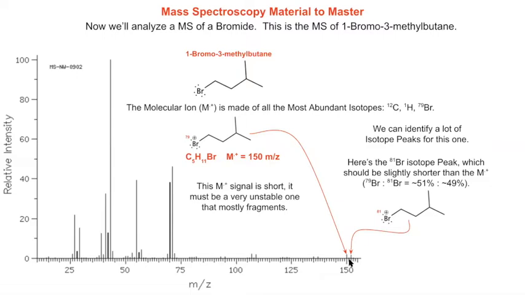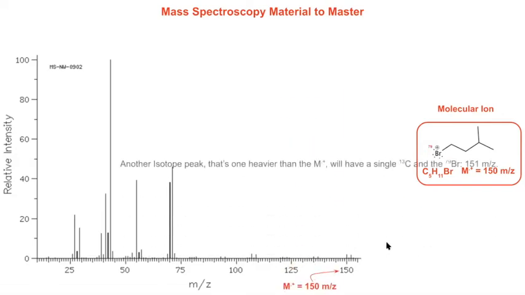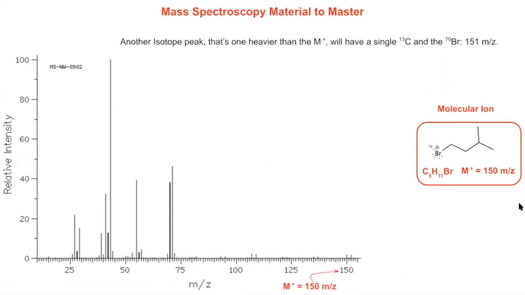And then there's also a little tiny peak right here and a little tiny peak right there. Let's look at those. So sometimes you can have a bromine 79, but then all the carbons are carbon 12, but one's carbon 13. So it'll be 1 heavier than the molecular ion at 150. It'll be 151, that little one right there.